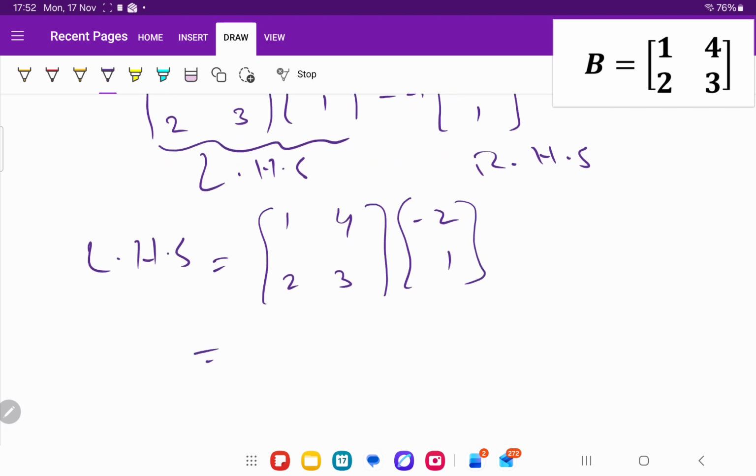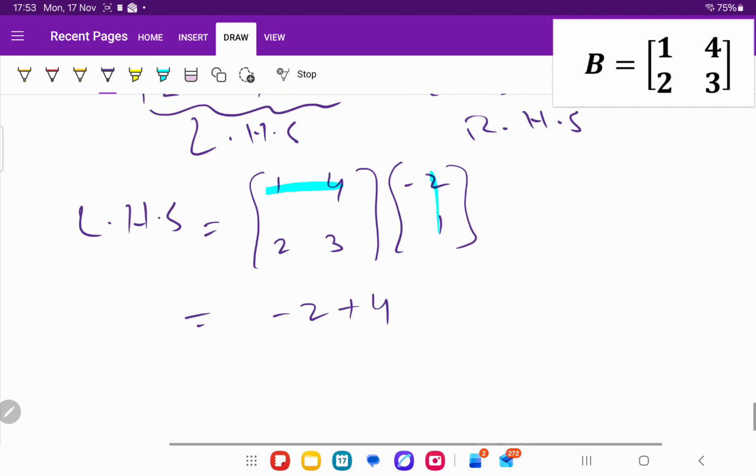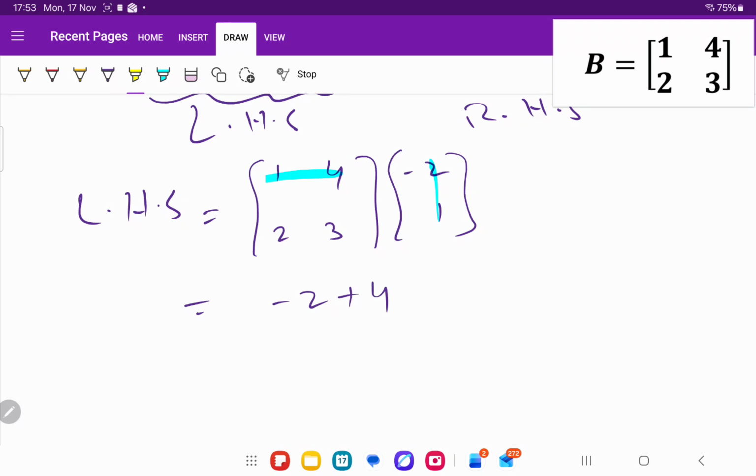We already know the process of multiplication: each row multiplies to the column. So 1 multiplied by minus 2 is minus 2, 4 multiplied by 1 is plus 4. For the second row, multiply again to the column: 2 multiplied by minus 2 is minus 4, 3 multiplied by 1 is plus 3.